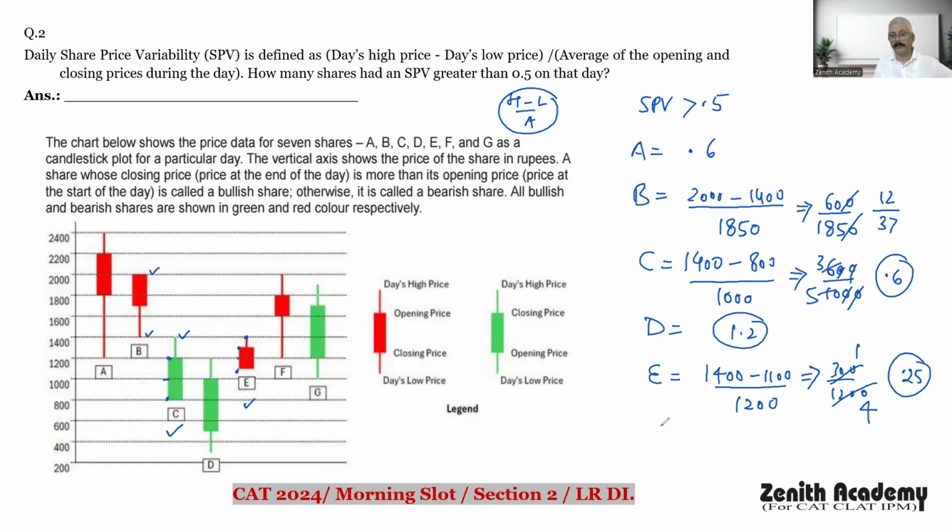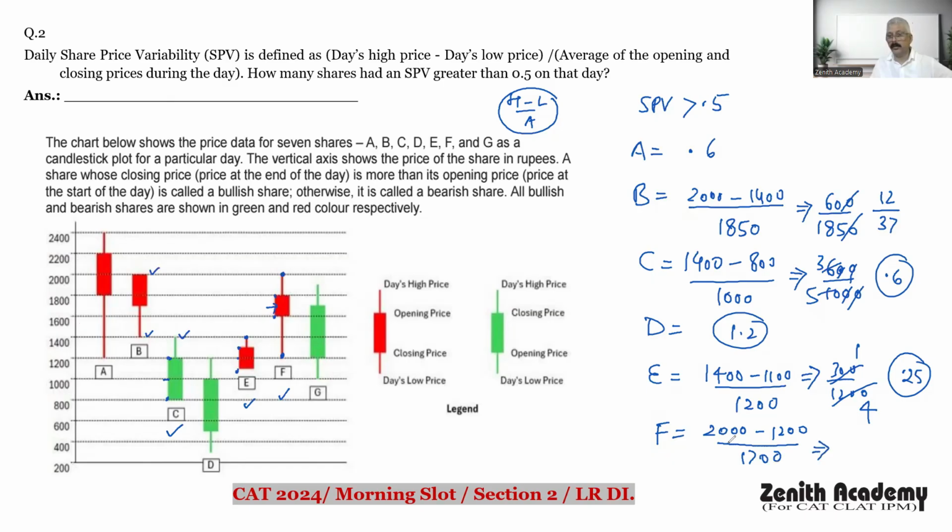And now F. F is 2000 highest and the low is 1200, divided by the average, which is equal to 1700.